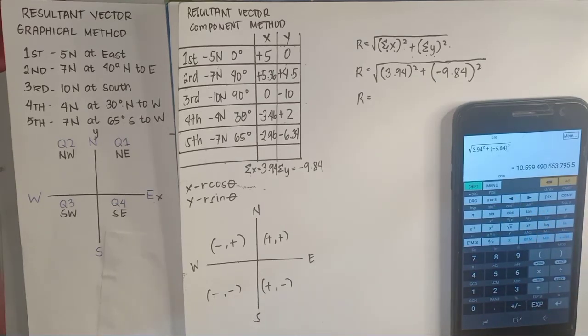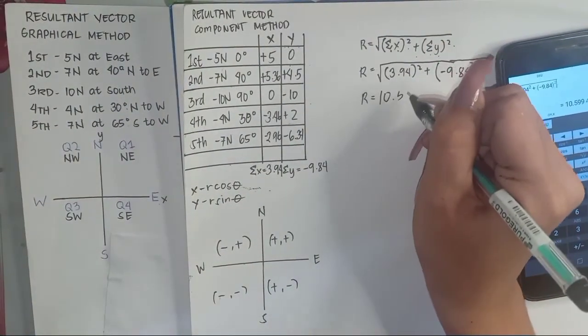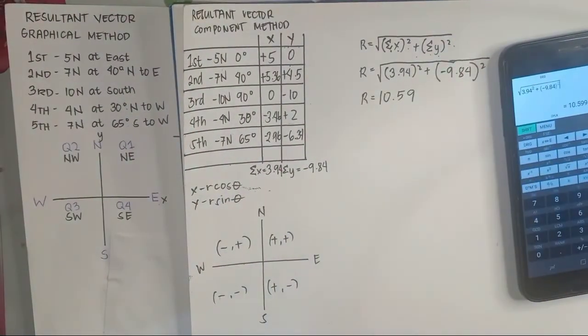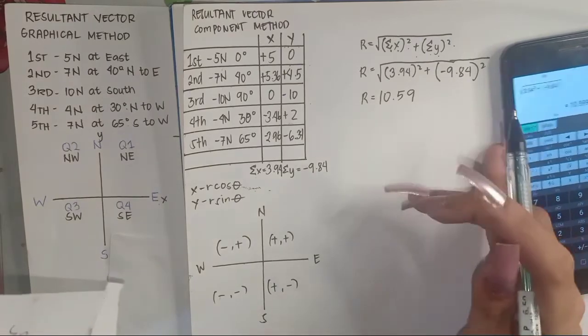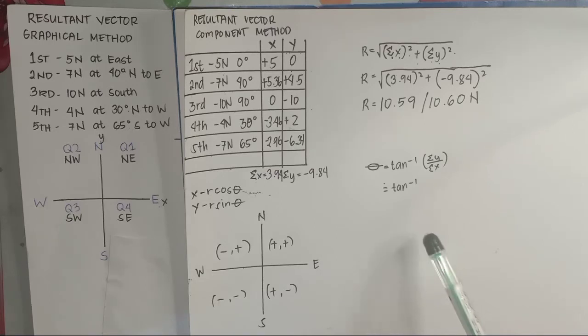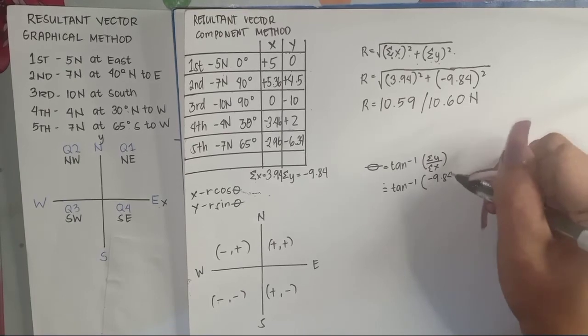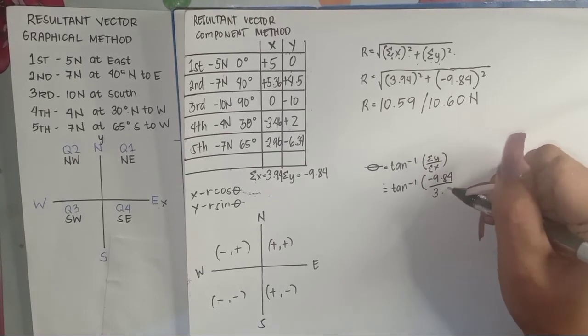And we have 10.59 or 10.60. Para makuha natin ang direction, ang formula for theta is inverse of tangent of resultant of y over resultant of x. And papalitan lang natin yung value: 9.84 over 3.94.